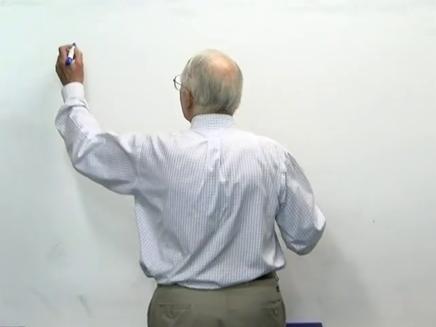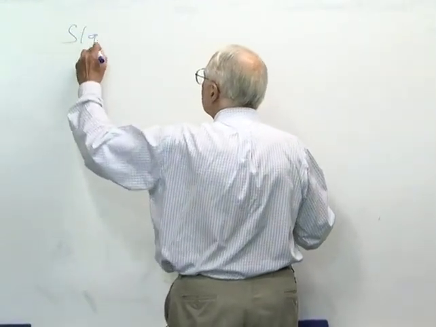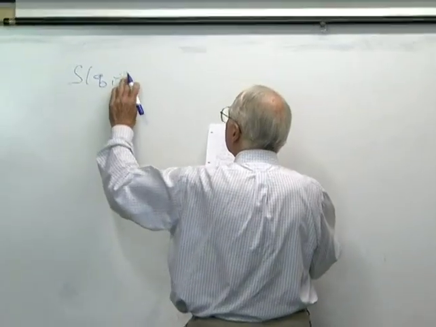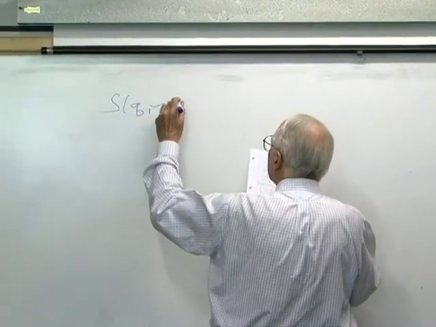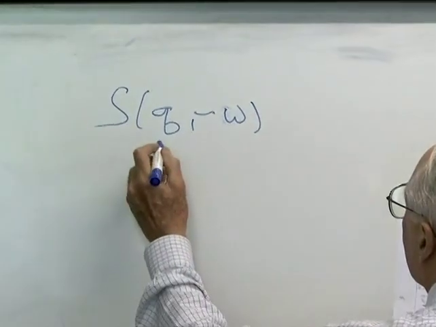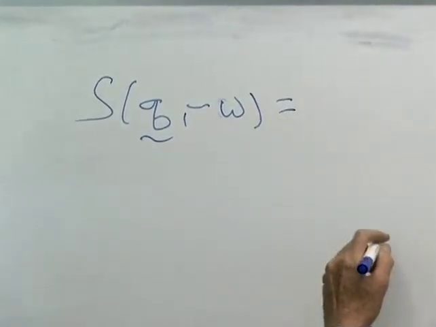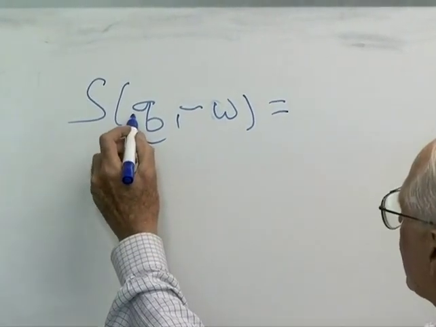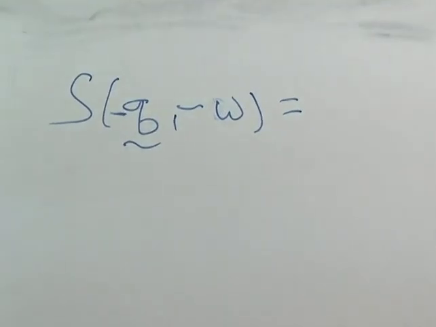So I'm going to now write S of Q and minus omega. This is just using the definition we've had. Or let me call it minus Q. I want to ask, this is time reversal invariance or symmetry.